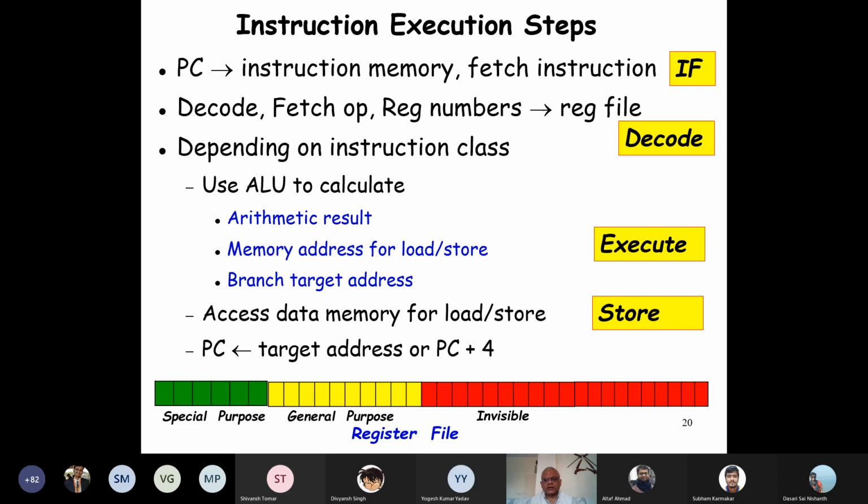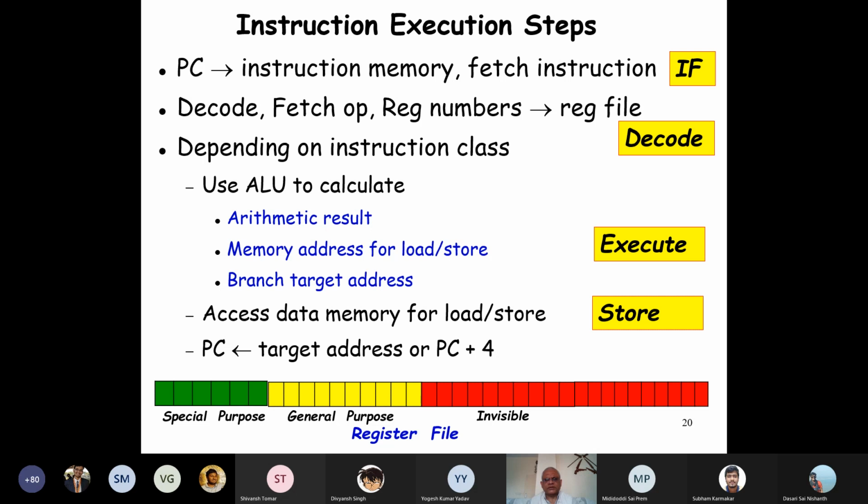In the instruction execution, the first step, of course, is based on the program counter. The program counter is a special purpose register that points to the next instruction to be executed. So the next instruction is fetched, read from memory. That is the first step, get the instruction to be executed.